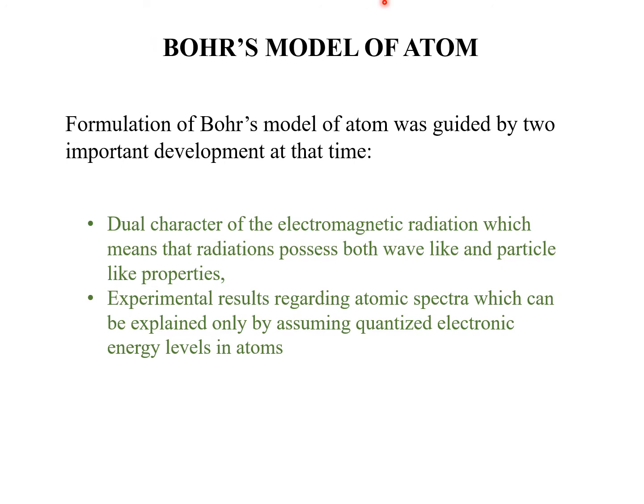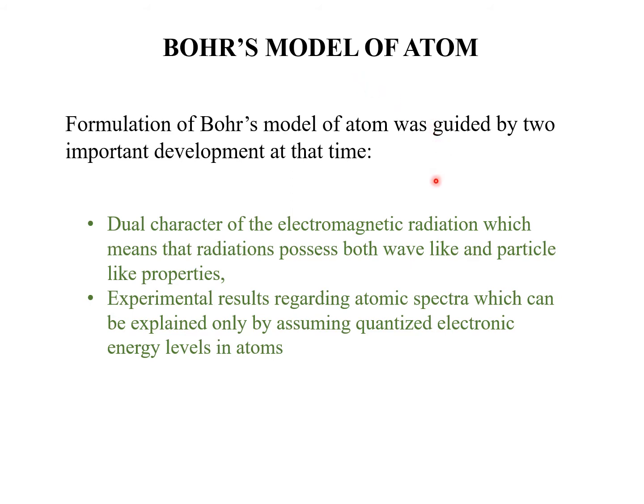So now comes into the picture Bohr's model of atom. After the drawbacks of Rutherford's model, Bohr took that idea and, by using three different developments at that time, formulated his own model of atom.